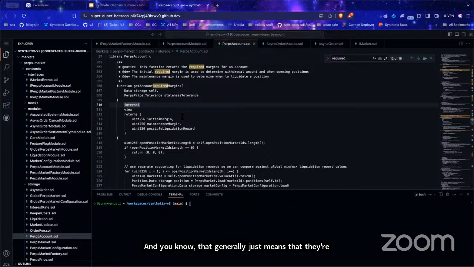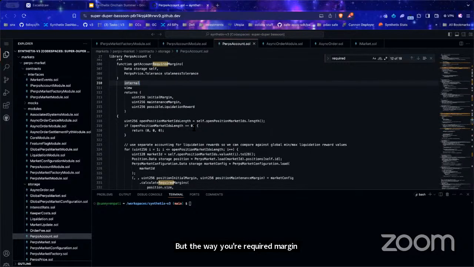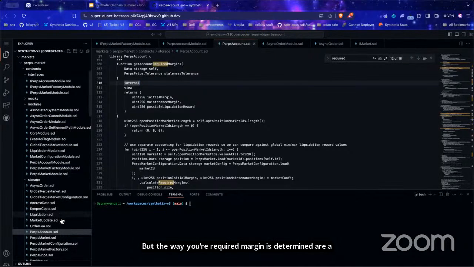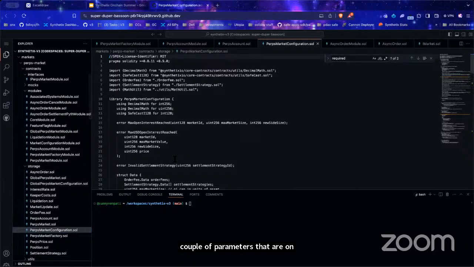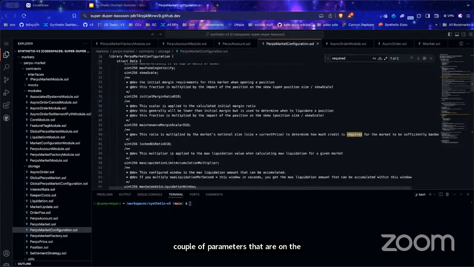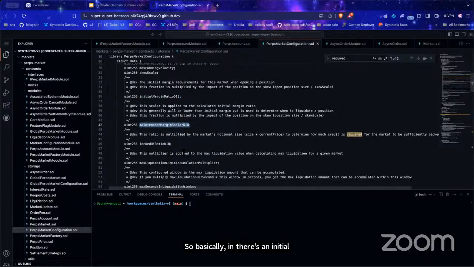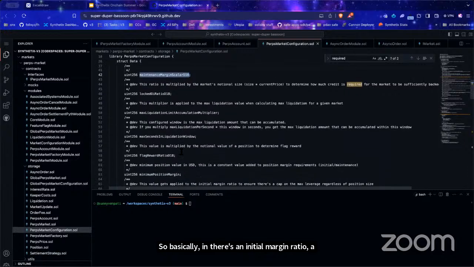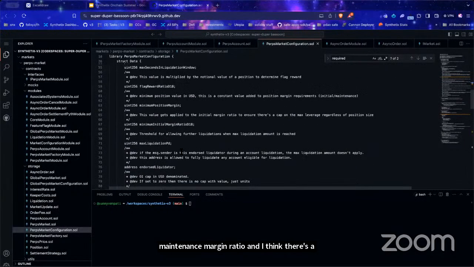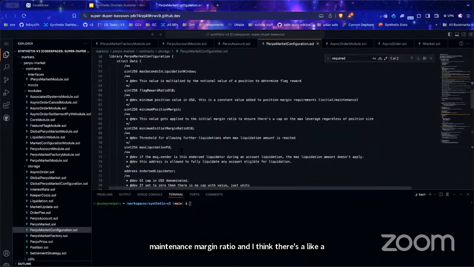The way your required margin is determined are a couple of parameters on the market configuration. Basically, there's an initial margin ratio, a maintenance margin ratio, and I think there's a scalar value as well.